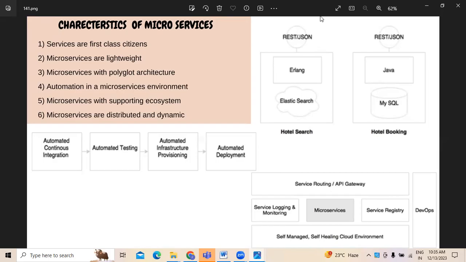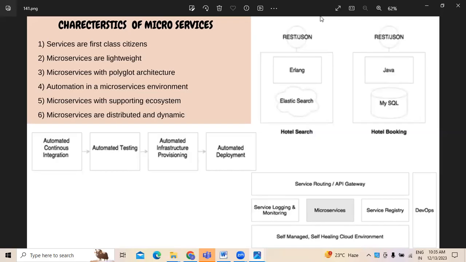Next is microservices with a supporting ecosystem, whatever supporting ecosystem we develop especially for microservices, which will be used on that system. At the same time, the microservices we are implementing are distributed and dynamic, distributed because we use business functionalities as units.